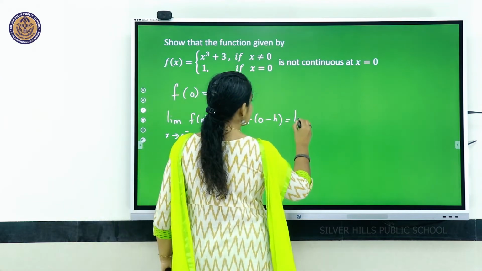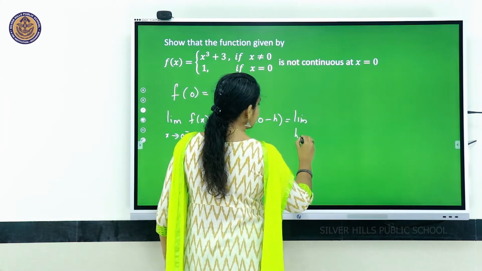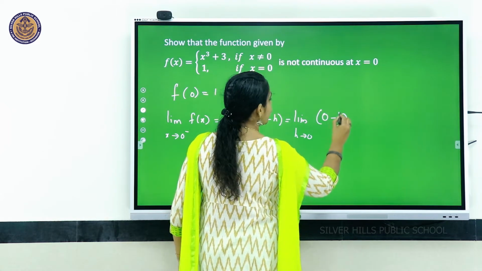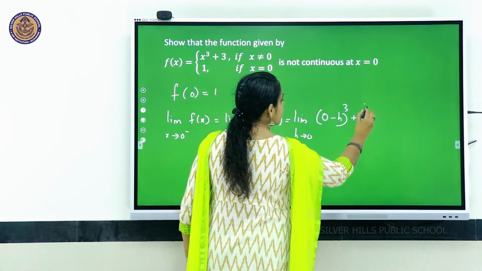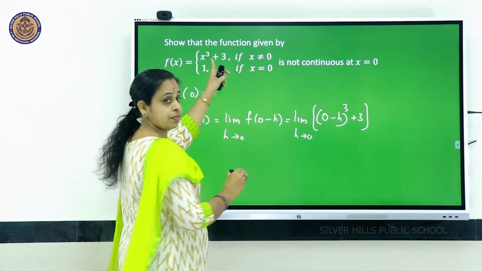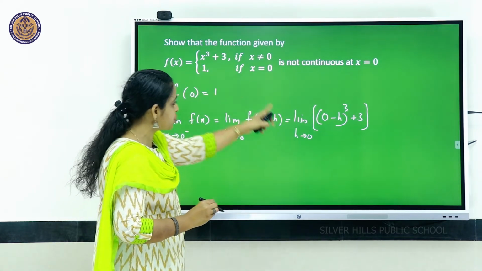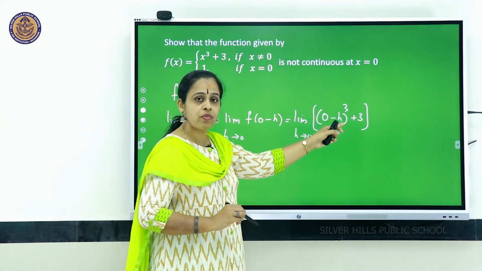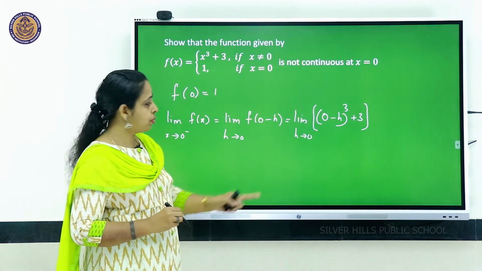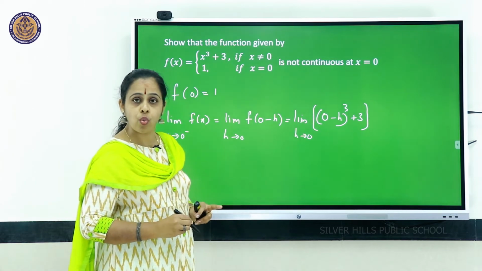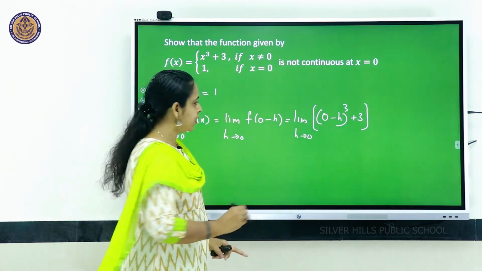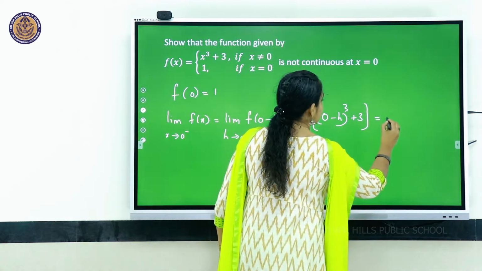So, limit h tending to 0, 0 minus h whole cube plus 3. This is a function. We replaced x by 0 minus h. 0 minus h whole cube will be minus h cube. When h is tending to 0, what we will get? 0 in that place. The remaining one is 3. Equal to 3.